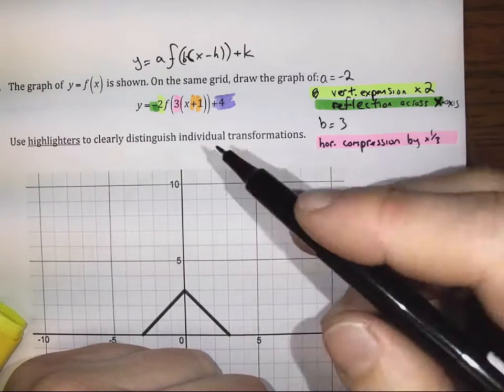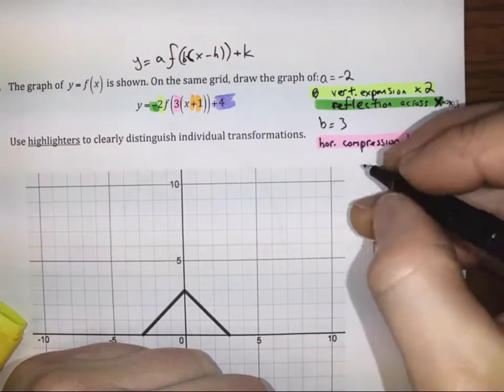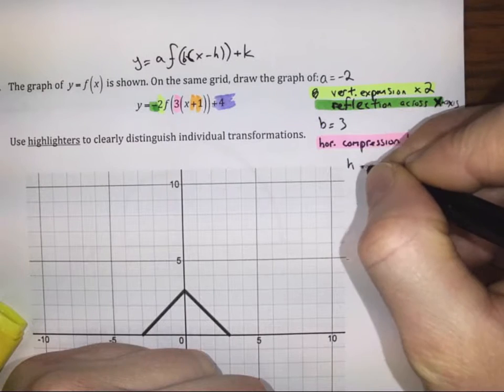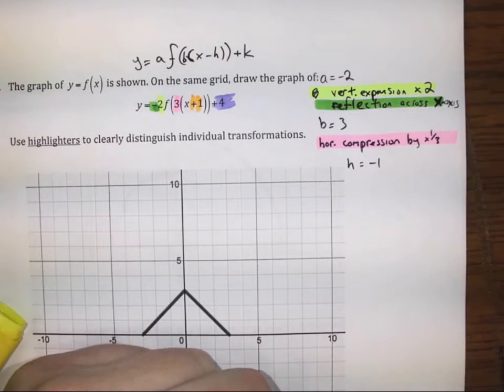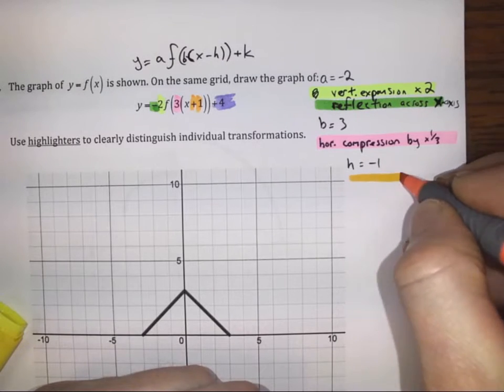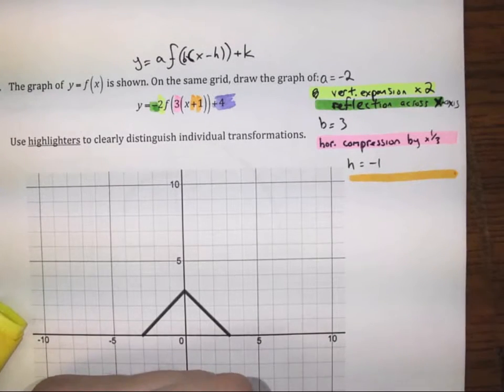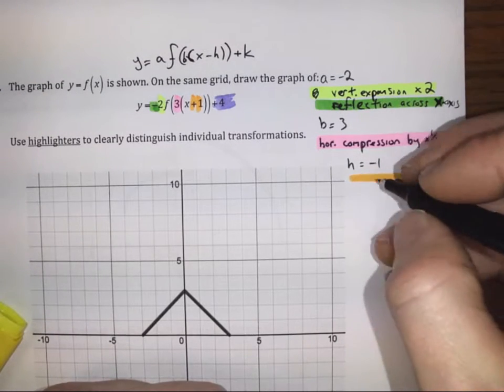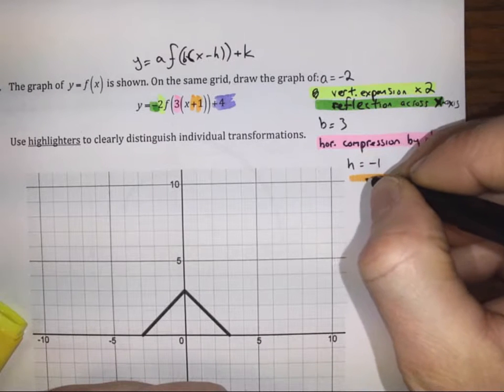Then we've got this h value, which is -1, and that's going to code for a horizontal shift left 1.